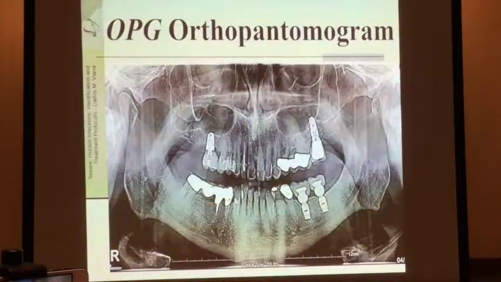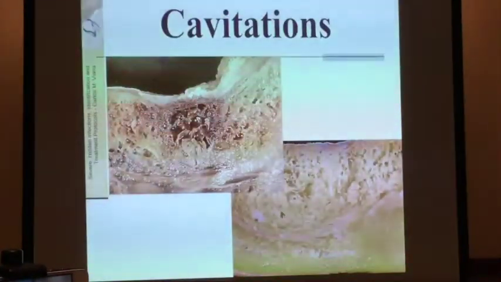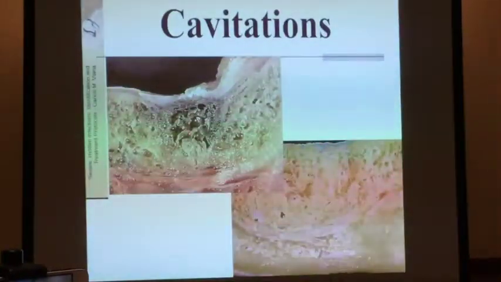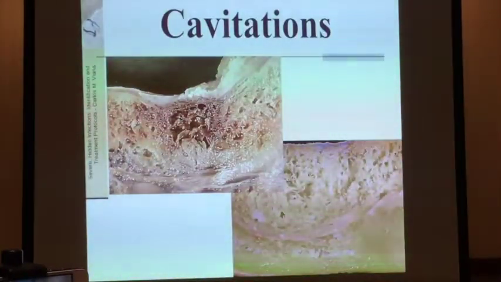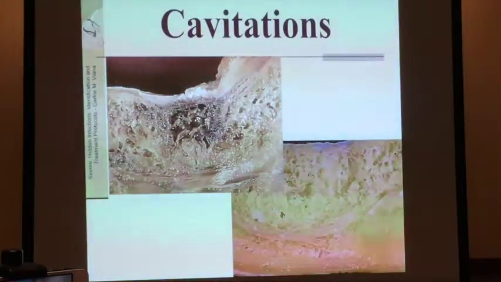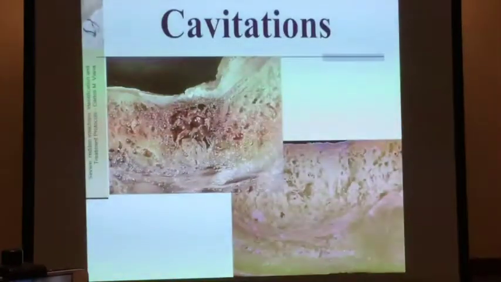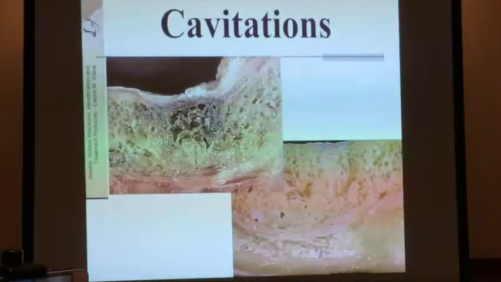The lower right is a cross-section of a healthy mandible, posterior part of the mandible. In the upper left, you could see that's a very typical cavitation. This really comes from the Dietrich book, the presentation that he gave in Dallas in 1972, long time ago.